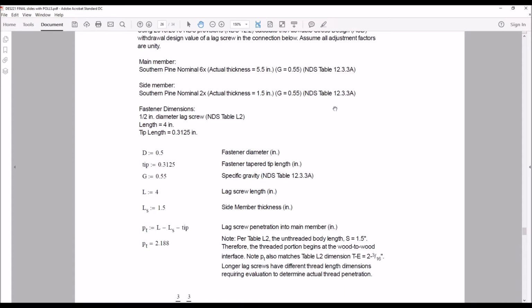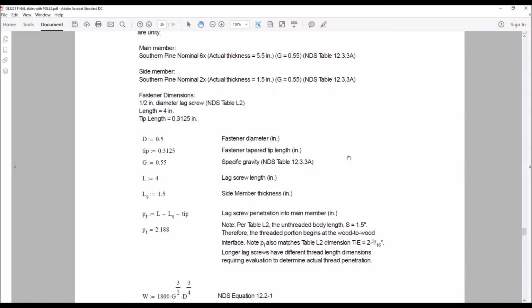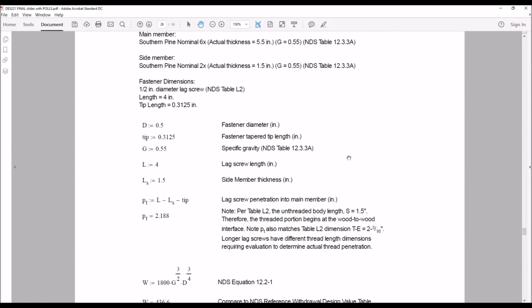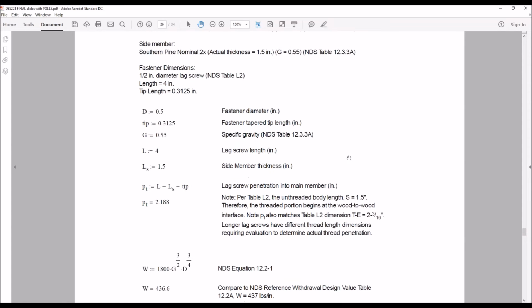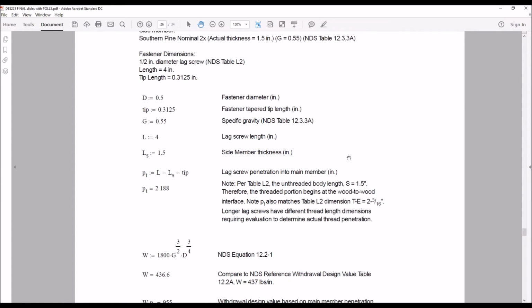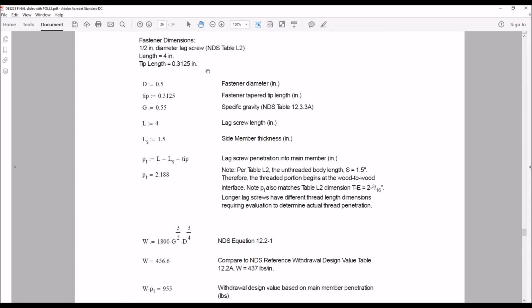So let's talk about the actual penetration into the main member, because some of that is important when we calculate the actual values for withdrawal capacity. We've defined the fastener geometry based on what's given to us in the NDS appendix.